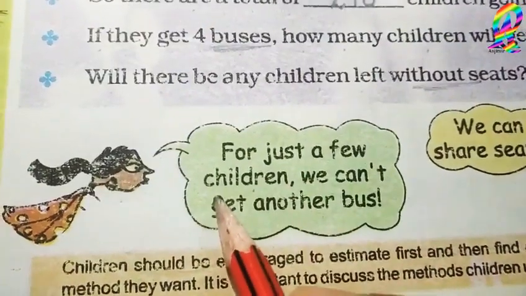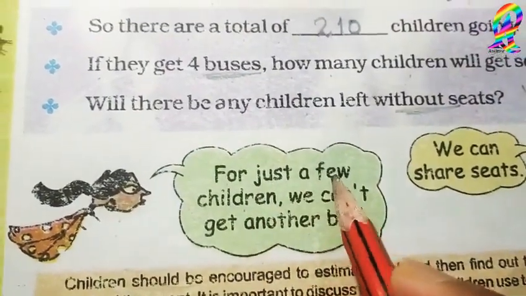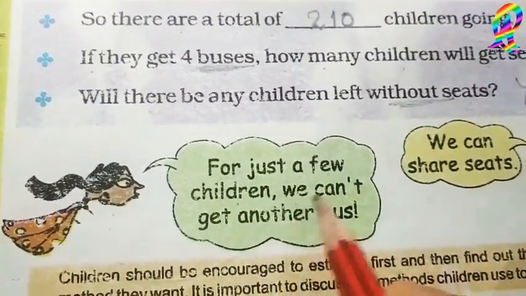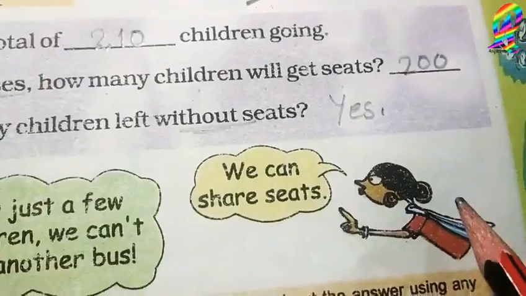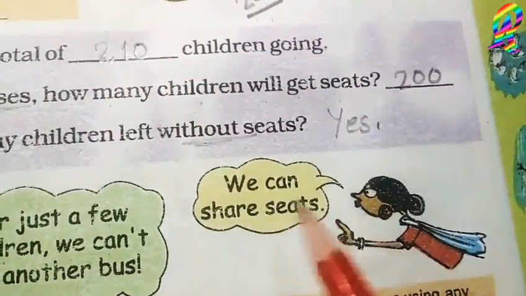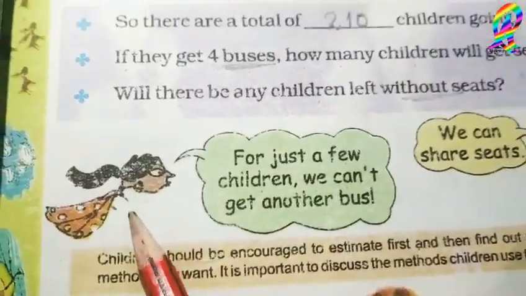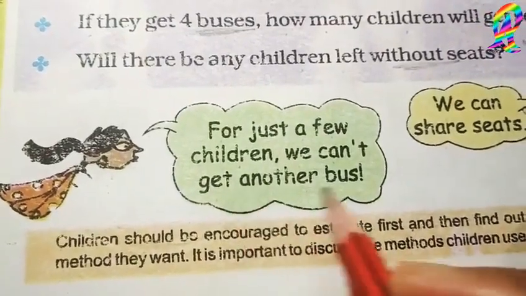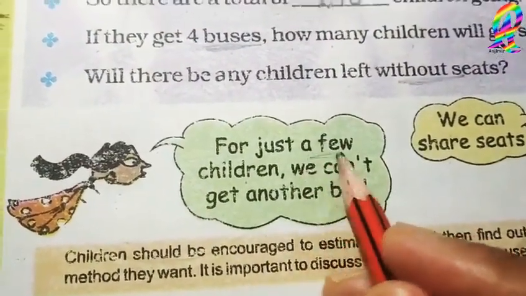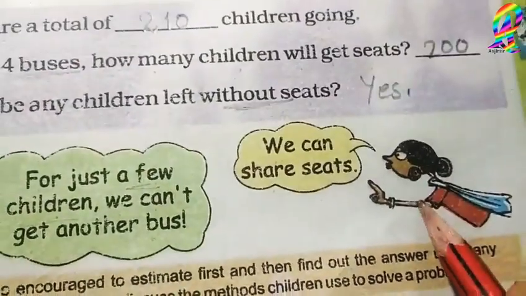Sugandha is saying that for just a few children we cannot get another bus. And she says that we can share seats.